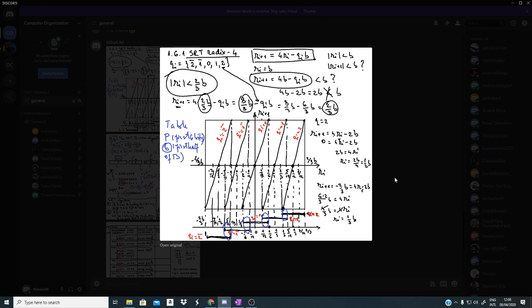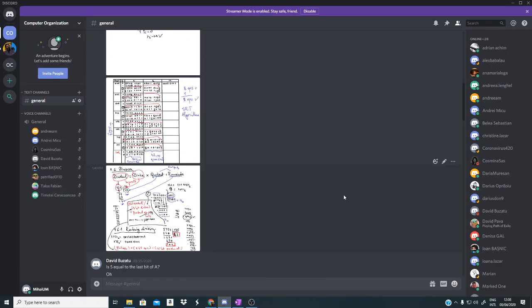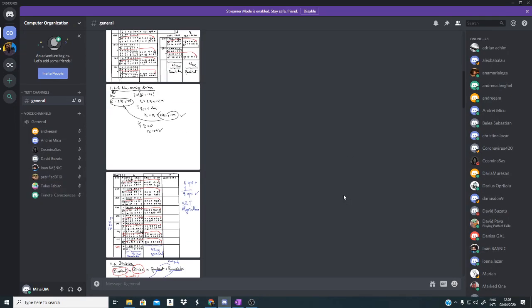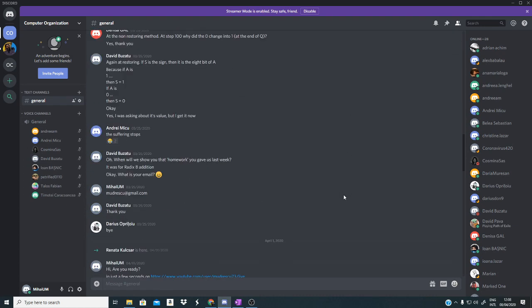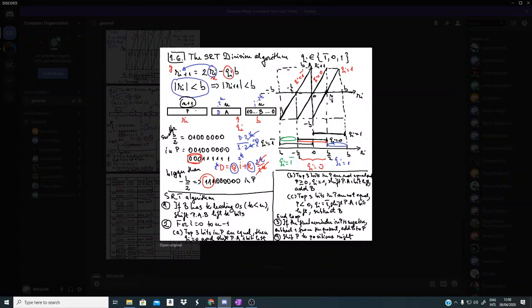It was some weeks ago, where is it? Yeah, it's this one, right? For radix 2, it's pretty simple. You have to check if you are between minus b divided by 2 and b divided by 2. So you have to be in this interval, right?